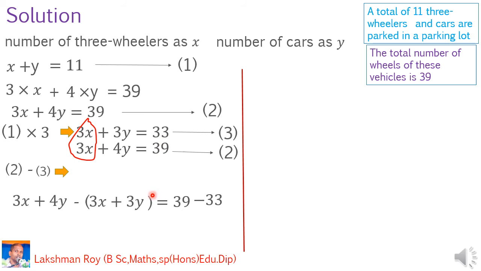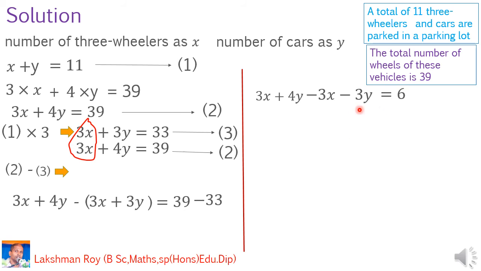To simplify, you need to multiply by this negative sign. This sign is positive and this sign is also positive. 3x plus 4y remains; negative times positive gives negative 3x, and again negative times positive gives negative 3y. On the right-hand side, 39 minus 33 is 6.